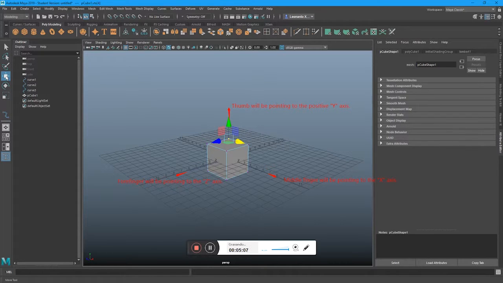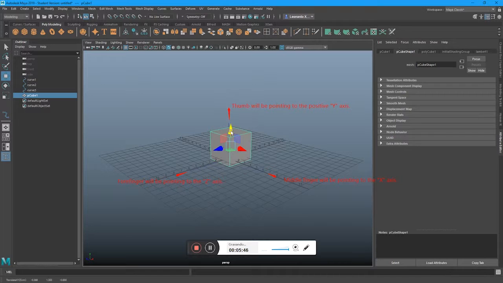when you are modeling or animating and you need guidance. You can move the object, in this case a cube, in the x-axis positive or negative, in the z positive or negative, and the y positive or negative.